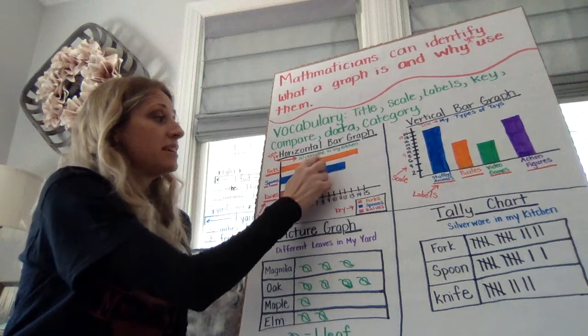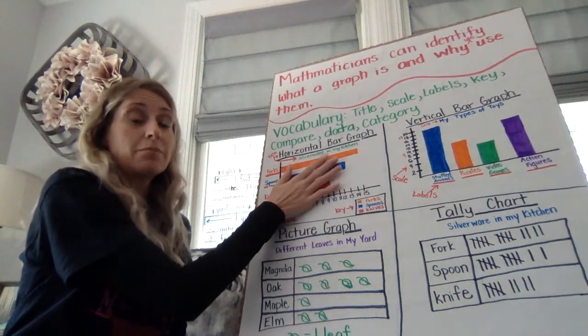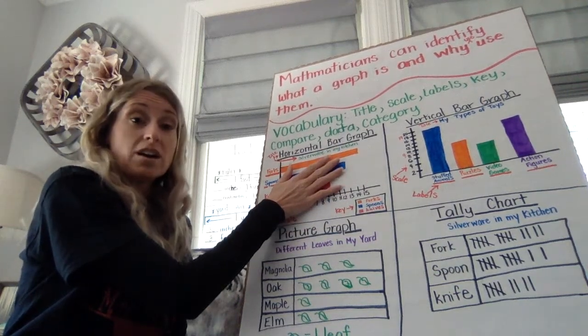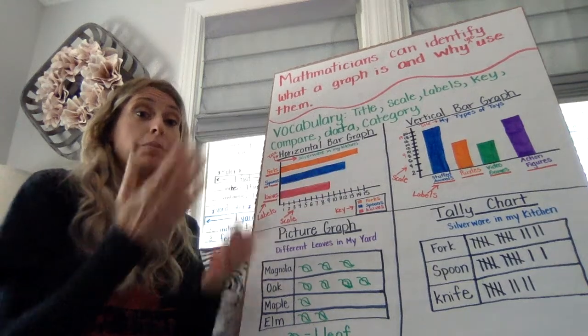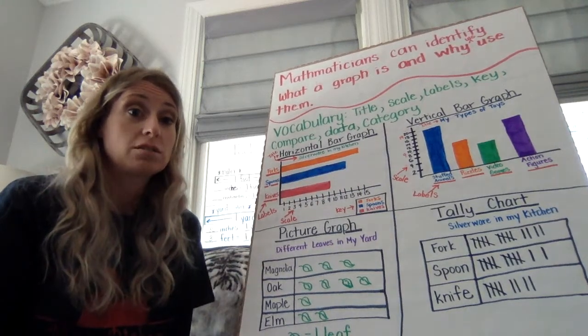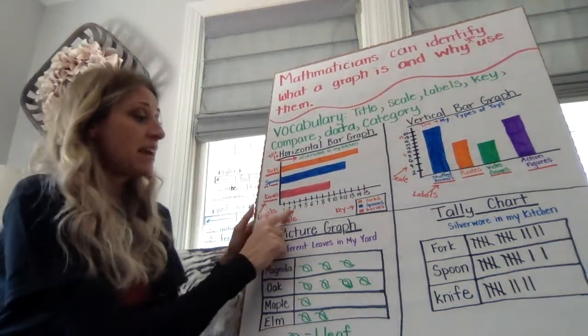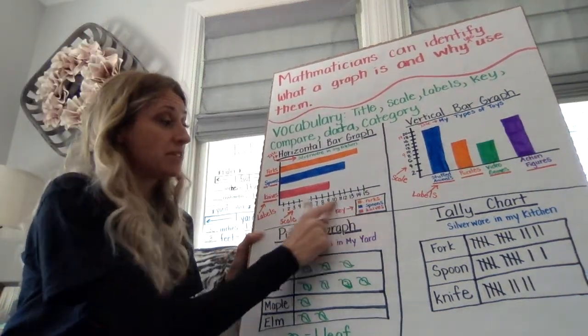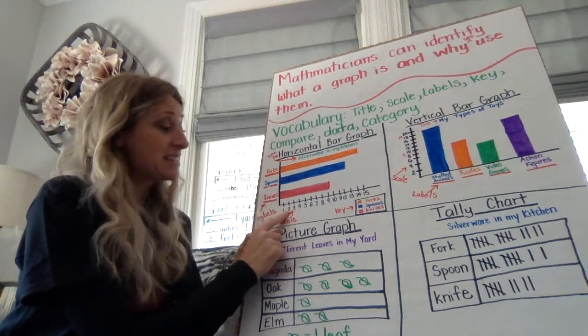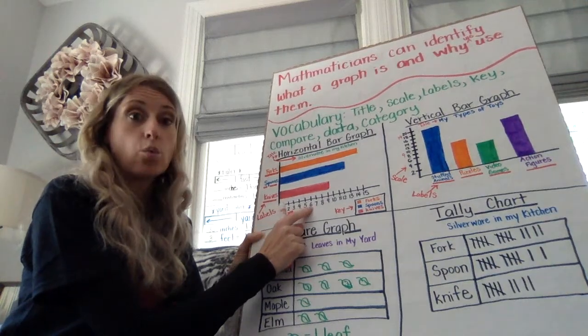So this is telling us that this is talking about silverware in the kitchen and comparing how many of each we have. The scale for this graph is down at the bottom, and it is counting up by ones.